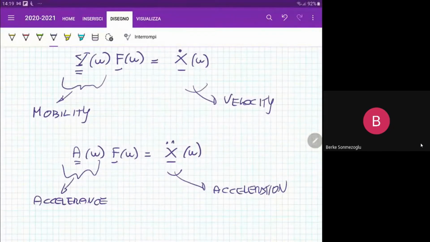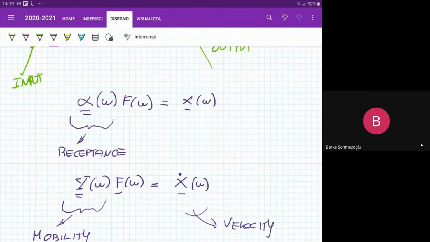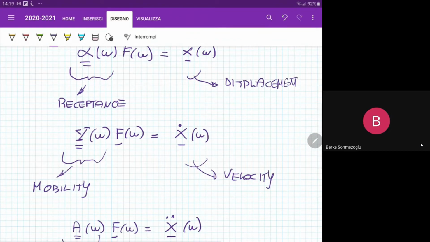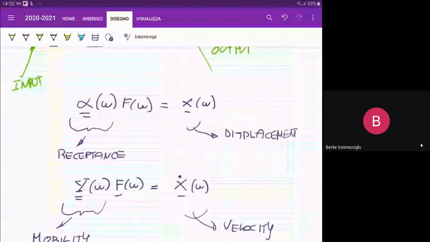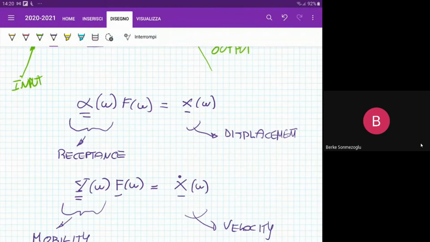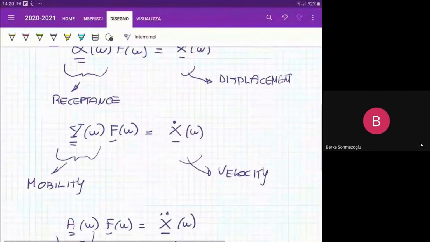So if you have a specified output quantity in terms of displacement, let me add that here now, or velocity or acceleration, you can name the relation between these input and output, that is your system transfer function, or in the frequency domain, frequency response function, with the specific names that we are always referring to, that is the receptance, mobility, or accelerance, according to the different quantities that we are considering.